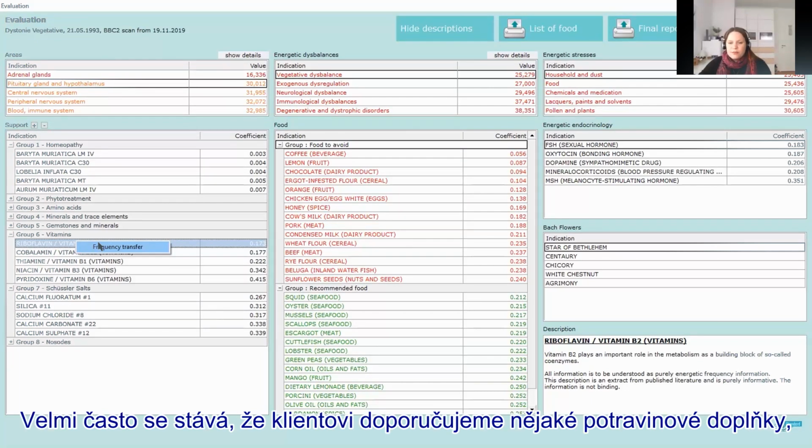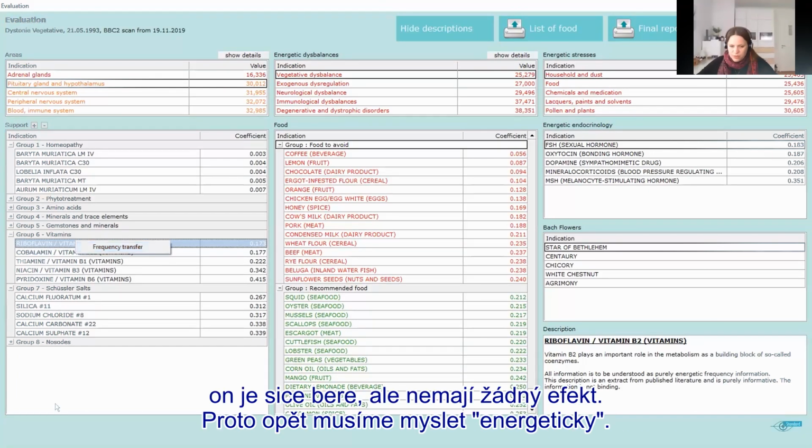We have this really often, that we give patients a lot of supplements, and they take them, but it doesn't change anything. So this would be one way of thinking in this energetic area.